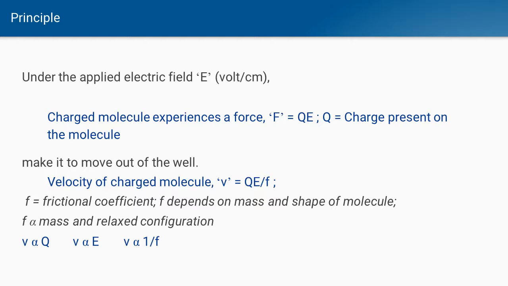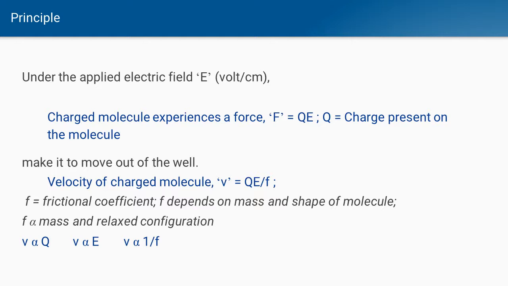This velocity, or the speed with which the molecules migrate, depends on the force, which in fact depends on the charge the molecule is carrying and the electric voltage that we applied, and is inversely proportional to the frictional coefficient.